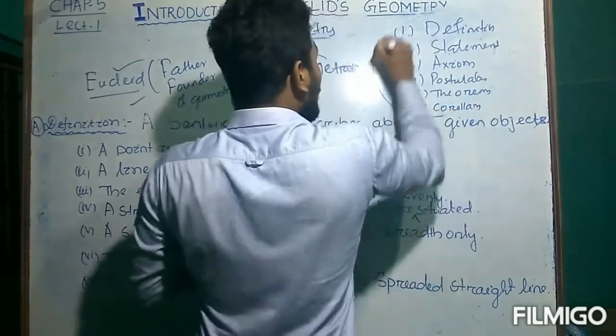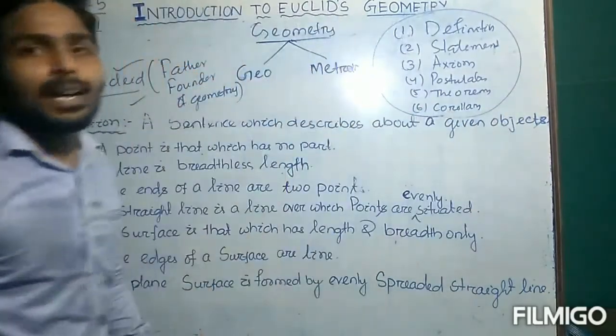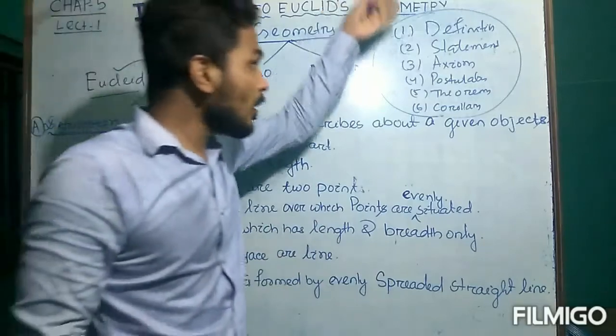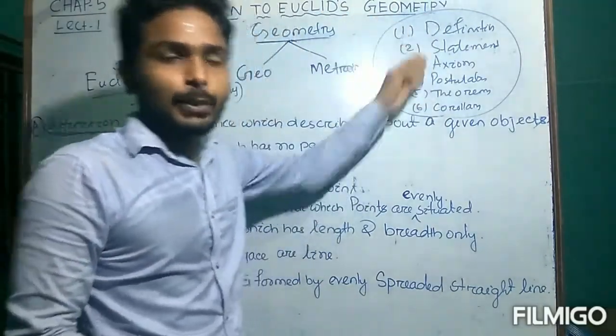So these are the most important terms invented by Euclid, and in this chapter we are going to discuss all about these 6 new terms.